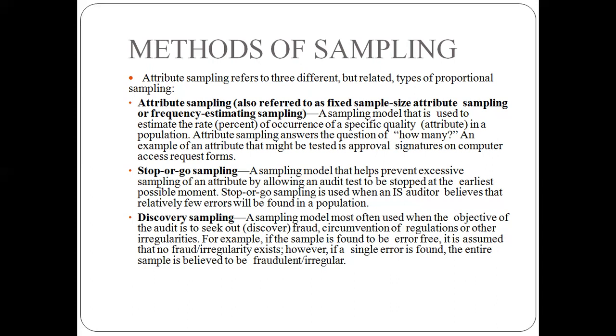That is frequency estimating sampling. You can see attribute sampling is directly linked to compliance testing. Then you have stop-or-go sampling, which is used to stop the audit at the earliest possible time. In this case too, we're still looking for an attribute.